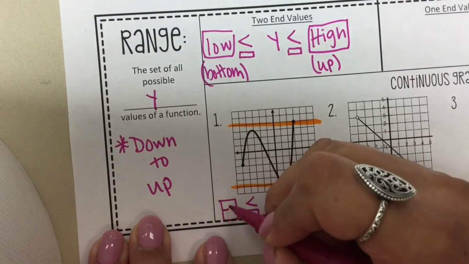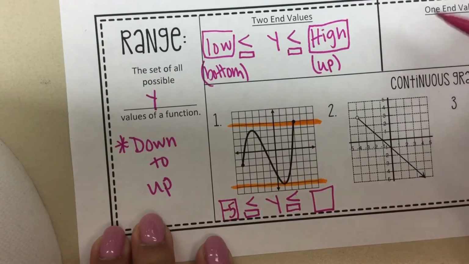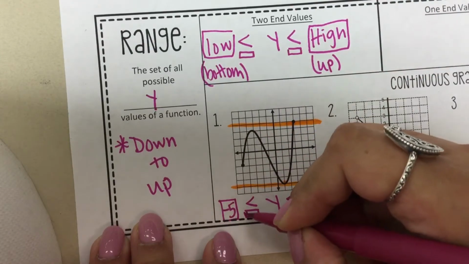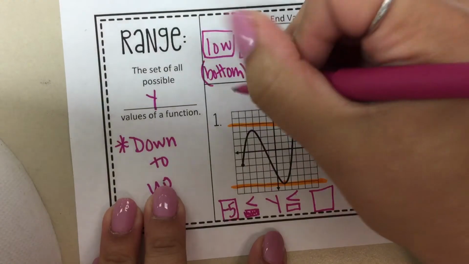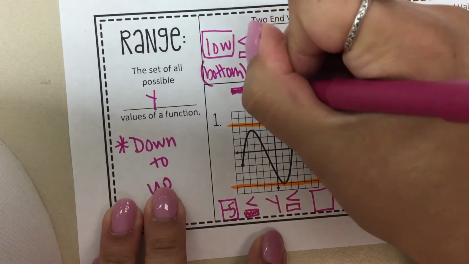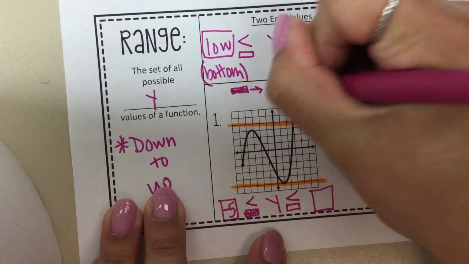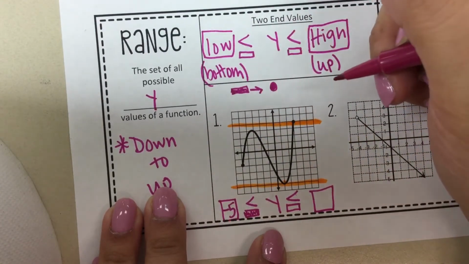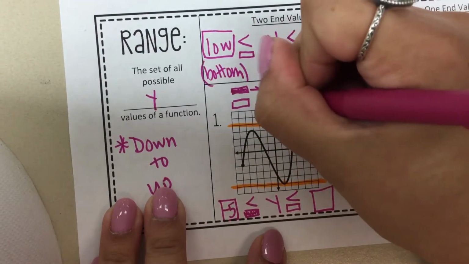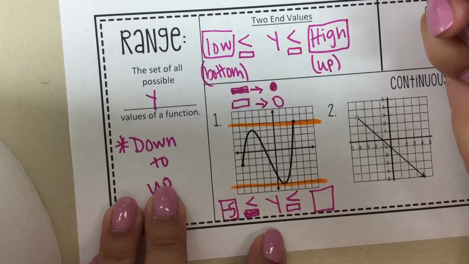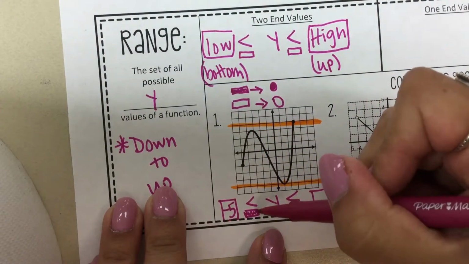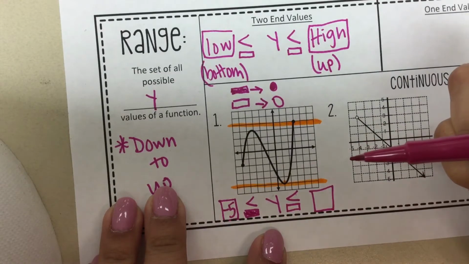So I'm going to put a -5 in this box. And because the graph is touching this line, I'm going to color in this one. If my box is colored in, that means it's going to be a closed circle, or the graph is touching the line. That also counts. If we had an open box, then we have an open circle. Because my graph touches the line, I'm going to color in there.